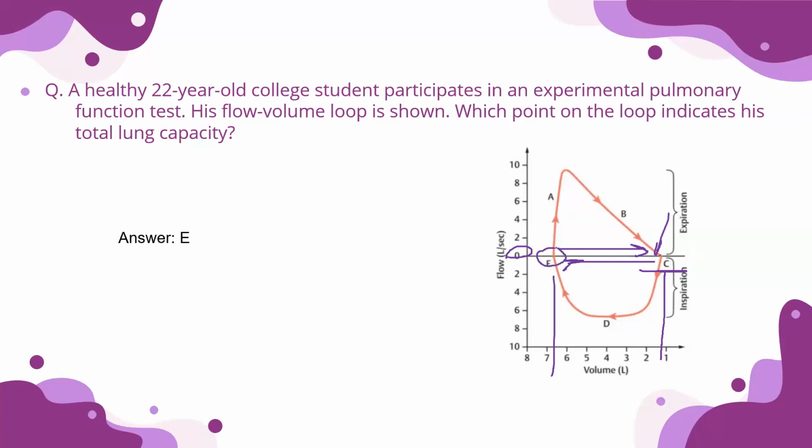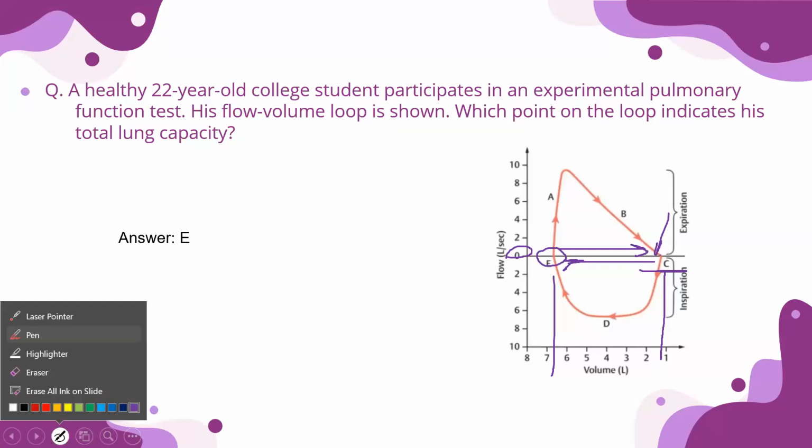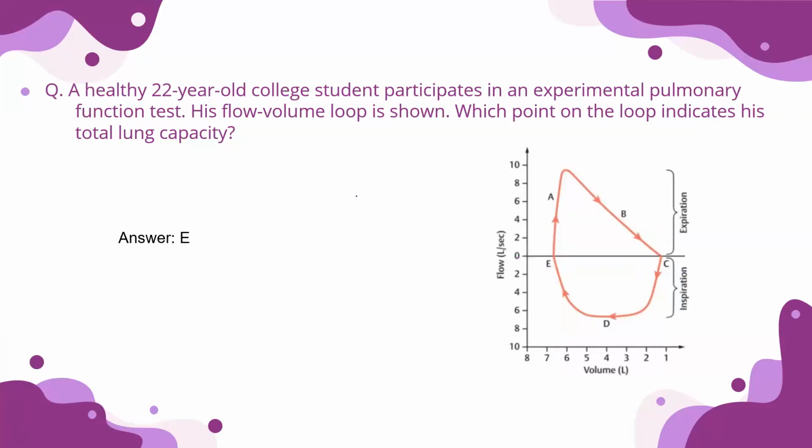We can no longer inhale more air because we are at total lung capacity. Guys, is this clear? Do you get why C is not total lung capacity, and why it's E? And also why C is residual volume.